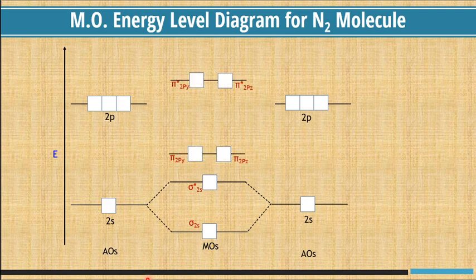Similarly, 2py and 2pz combine with each other to form pi 2py and pi 2pz bonding molecular orbitals, and pi star 2py, pi star 2pz antibonding molecular orbitals. The 2px orbital gives rise to the formation of sigma 2px and sigma star 2px molecular orbitals.